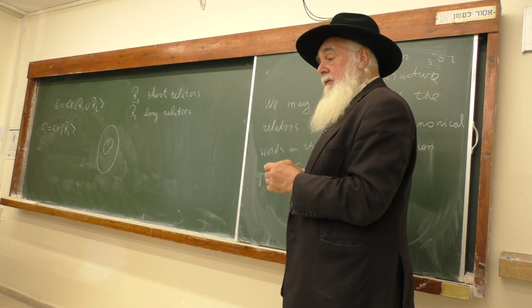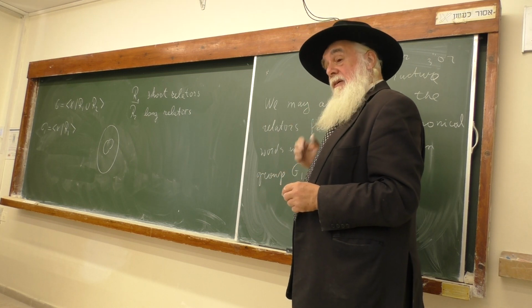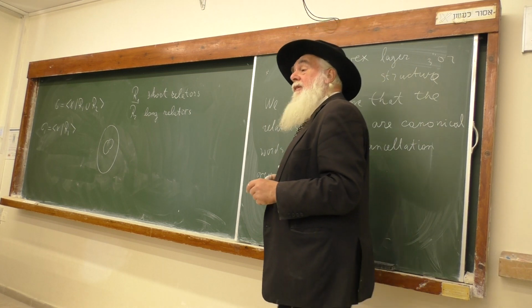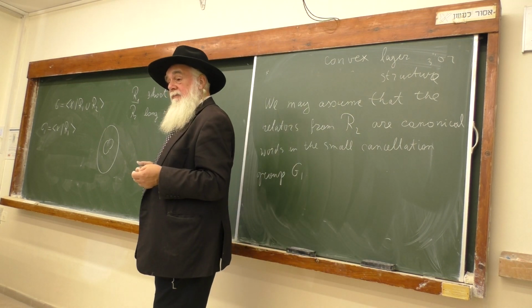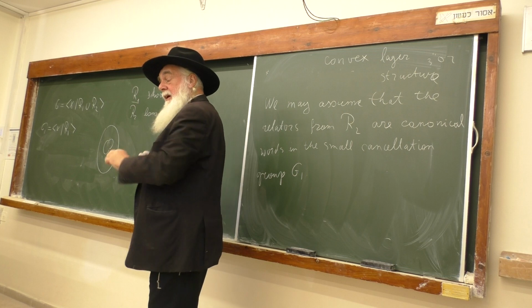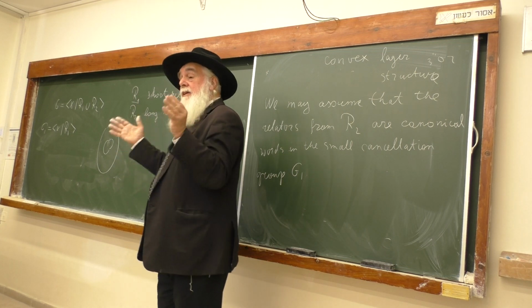Actually, when we speak of a relator, we mean a cyclic word. So we haven't explained what canonical words are for cyclic words. When we defined canonical form, we only defined the canonical words for linear words.